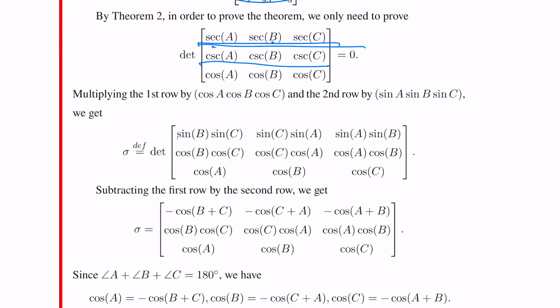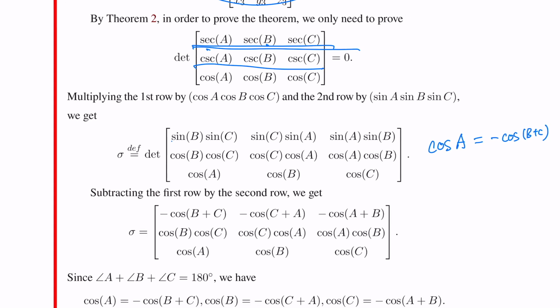In a triangle, we know A plus B plus C is equal to 180 degrees. Therefore, cosine A is equal to negative cosine of B plus C, which is negative cosine B cosine C plus sine B sine C by the addition formula.